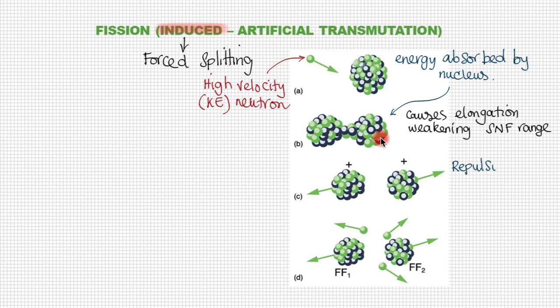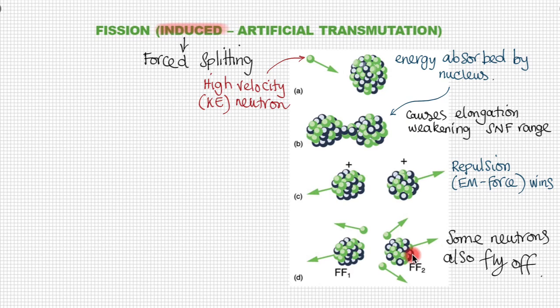As the nucleus becomes weaker, the repulsion forces kick in, which makes the electromagnetic force win, and we have two separate nuclei, which we call daughter nuclei, that are produced as part of this reaction. The other thing to notice is that sometimes these nuclei are not divided into two equal parts, so these daughter nuclei would not be the same nucleus.